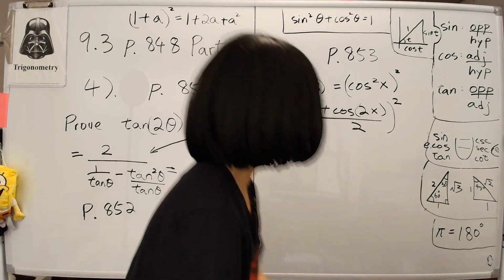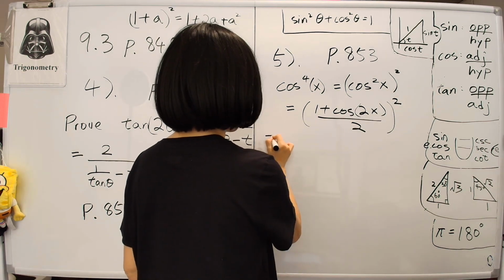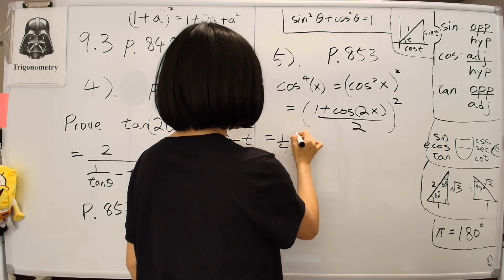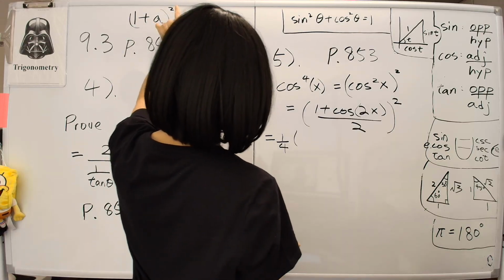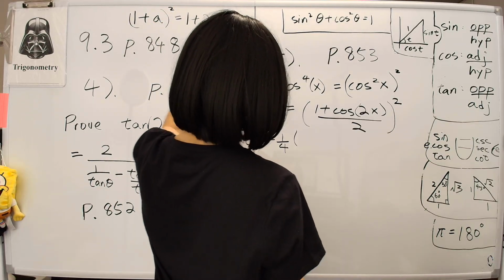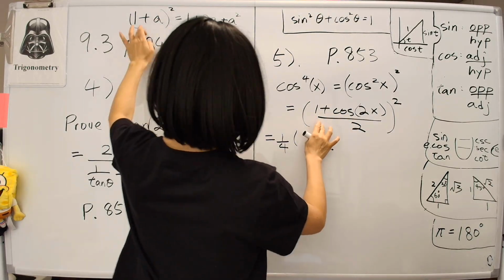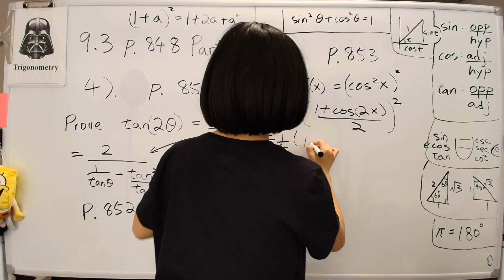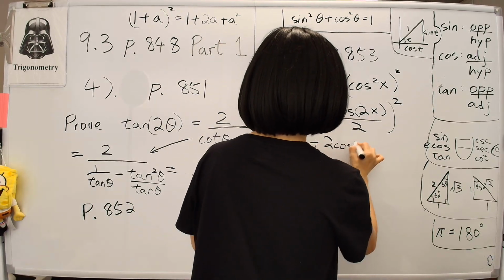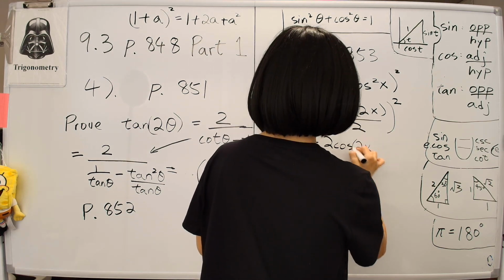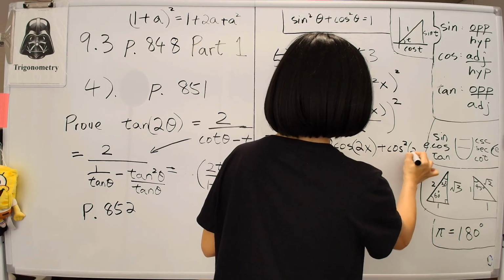For now, we're going to multiply this out. The one half here, we'll write up front, so this becomes 1/4. Then in here, the multiplication follows the formula: 1 plus a, squared, is 1 plus 2a plus a squared. You can verify that by just multiplying it out. Following that formula, where a is cosine 2x, this equals 1 plus 2 times cosine of 2x, plus cosine squared 2x.